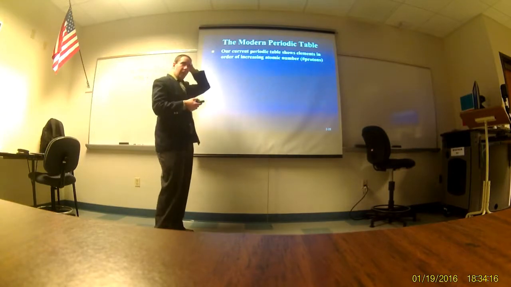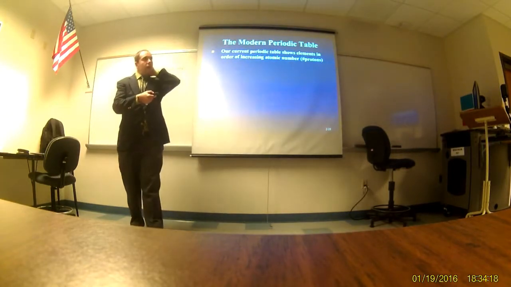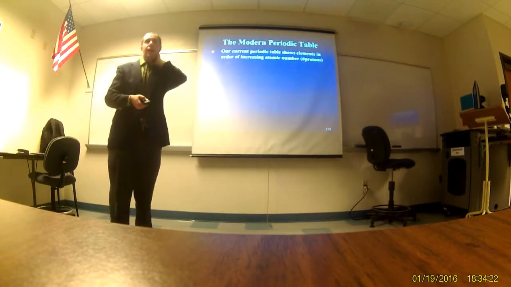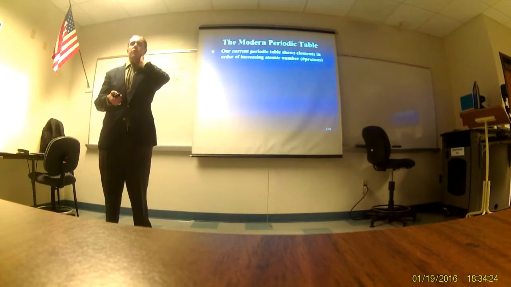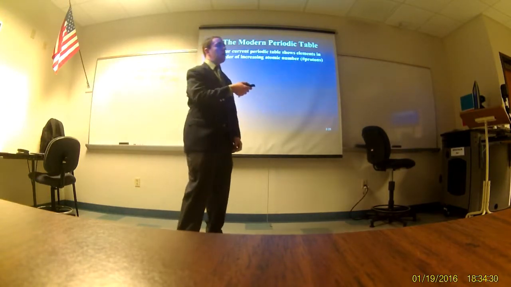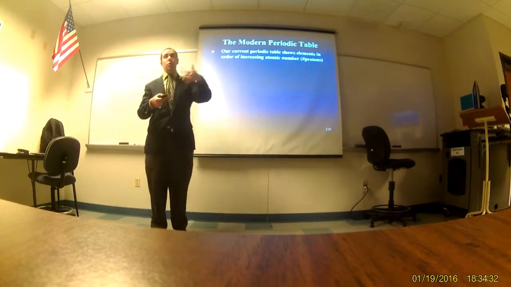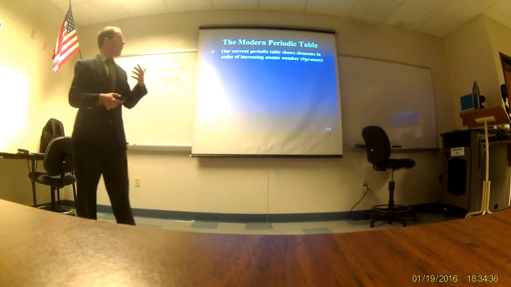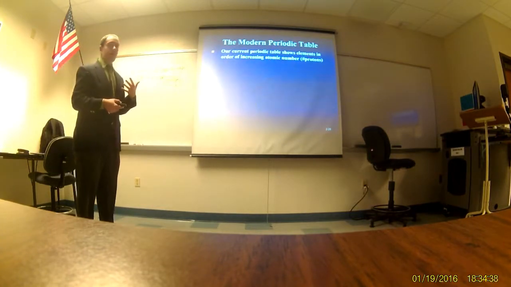So if we look at the periodic table, the numbers go 1, 2, 3, 4, 5, 6. That obviously made sense to you weeks ago because you count up. But now we know that it's counting 1, 2, 3, 4, 5, 6 because that's the increasing number of protons, right?